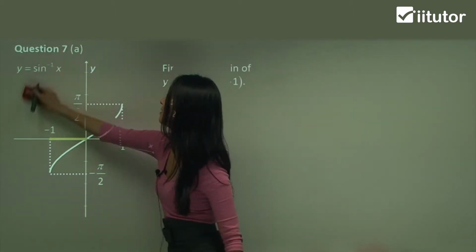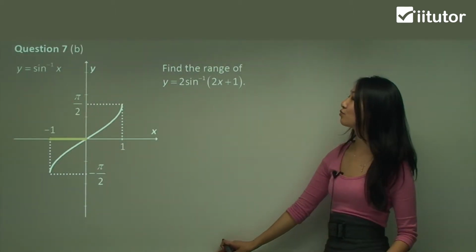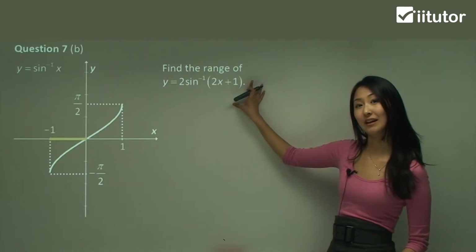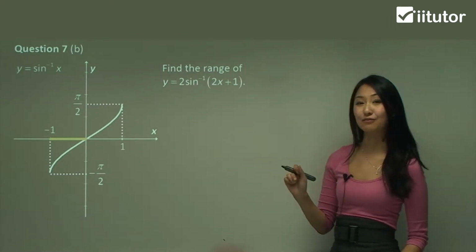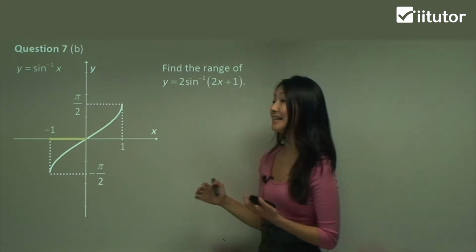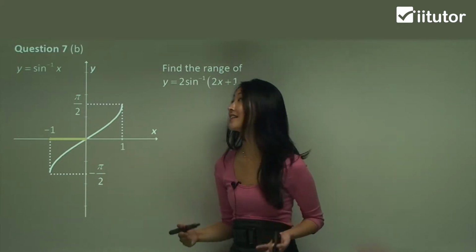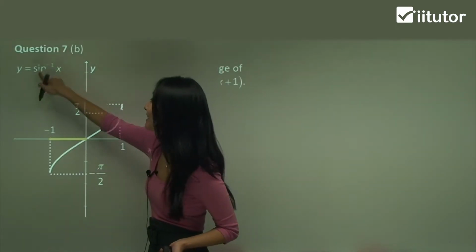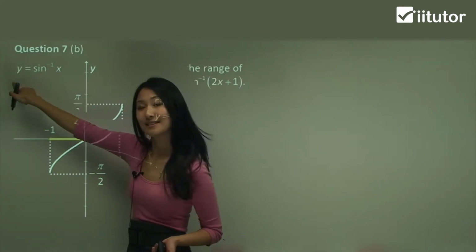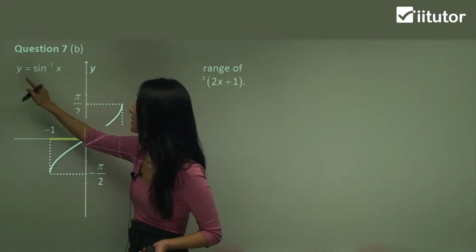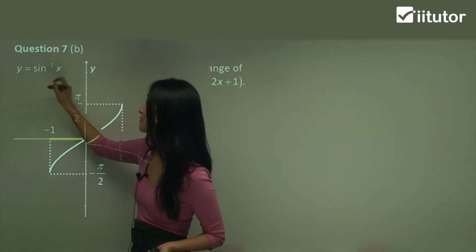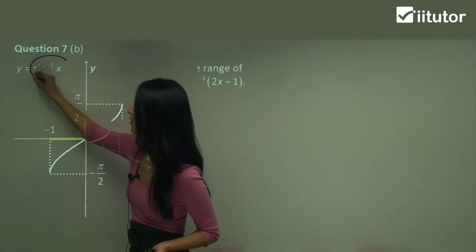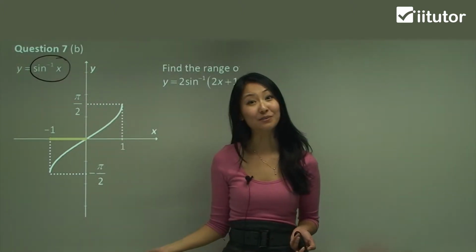So now we've considered how to work out the domain. Let's consider how to work out the range of this function. When we're working out the range, what we need to consider is the output of the inverse function. If this is the input, we put that into the inverse and that gives us the output. But since y equals this, this whole thing here is our output as well.